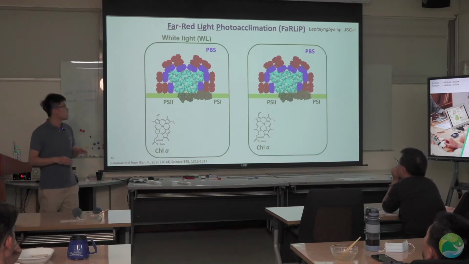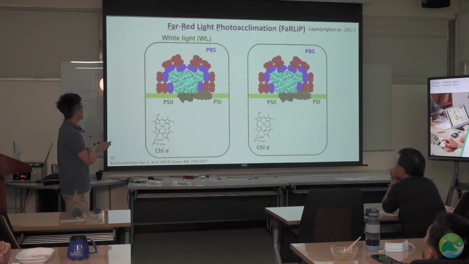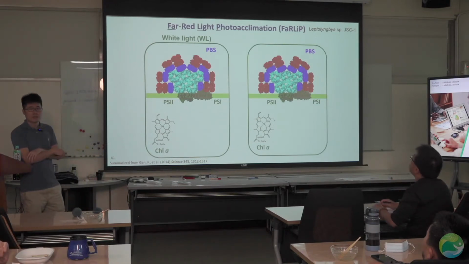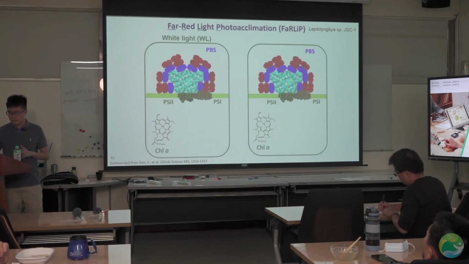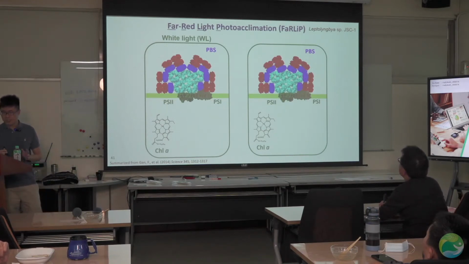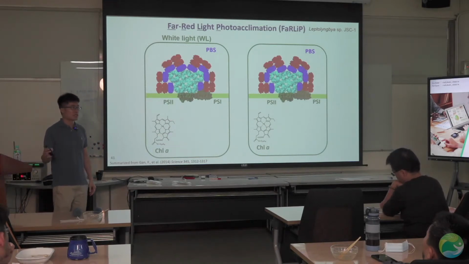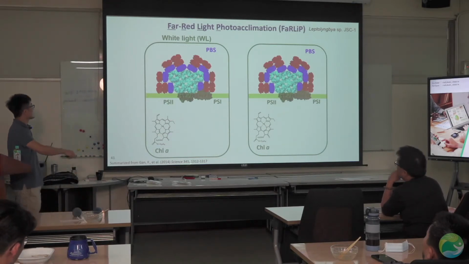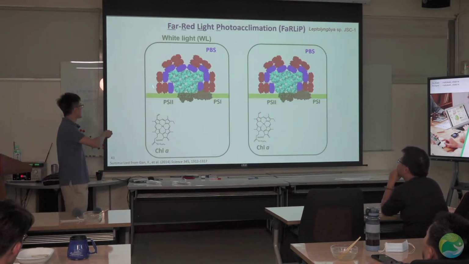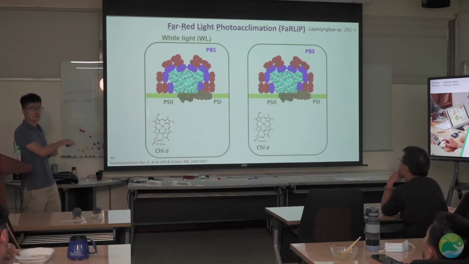Some of them can do a photoacclimation process called far-red light photoacclimation. It's a photoacclimation process that can transform between visible light and infrared light. Under visible light, it just looks like other cyanobacteria. There are phycobilisomes, photosystem 2, photosystem 1, and chlorophyll A, so they use visible light for growth.